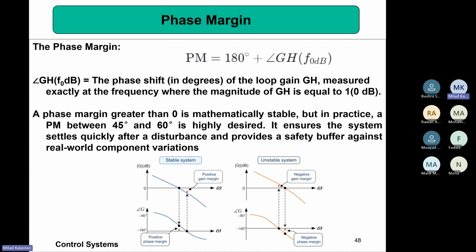So here is just demonstrating some cases. Let's say you had plotted the Bode plot for a system, right? Then you want to check whether the system is stable or not. So you go to the frequency where the amplitude is 1, right here, or 0 dB, and then check the phase.